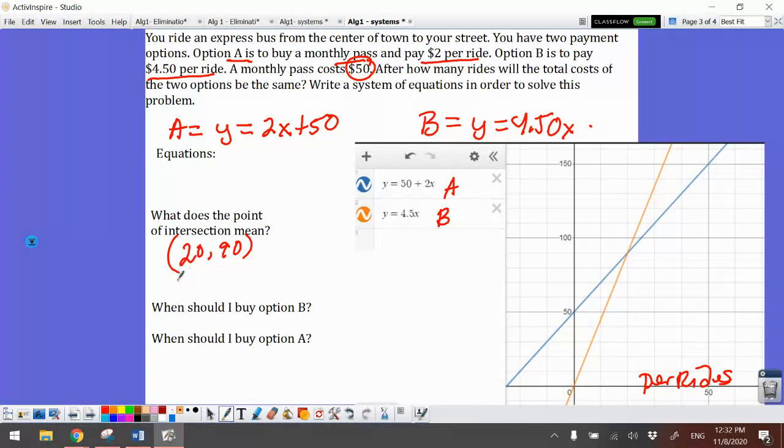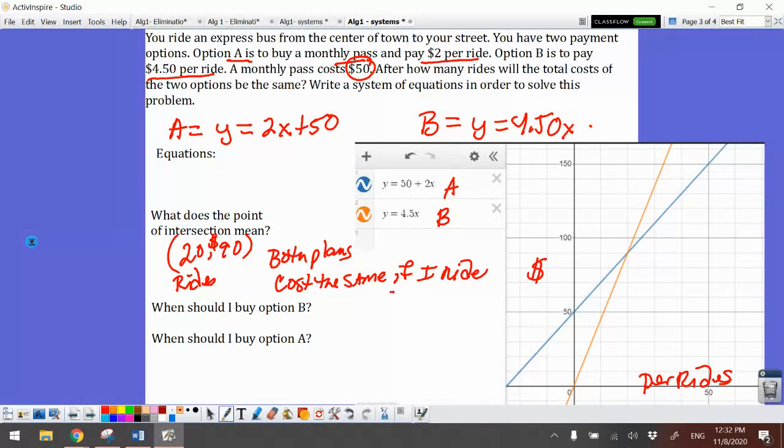So in this situation, the 20 would have to be the rides. So at 20 rides, and this is going to be money, it's going to cost me $90. So both plans cost the same if I ride 20 times. They cost $90. Okay, it doesn't matter.